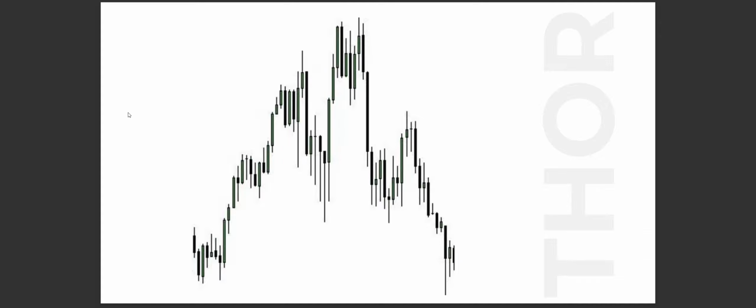So the first chart example: how you notice liquidity, whether it's buy side or sell side, is basically if you look at this swing high right there.